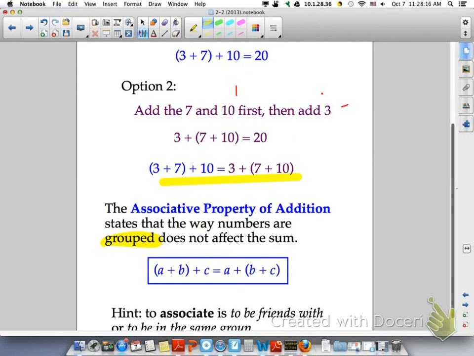What didn't happen? The letters never really changed. The parentheses didn't have to move. They stayed in the same spot.